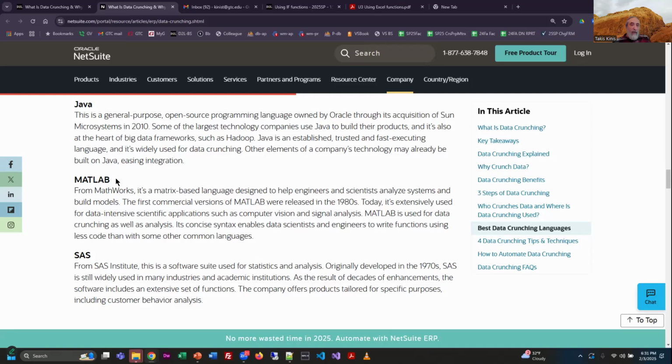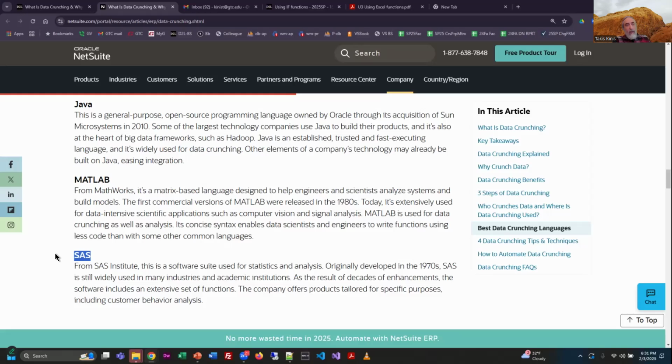Interestingly, MATLAB is often used as a plugin for Excel, and SAS is actually a standalone product. A lot of people that do statistical analysis use this product. And in the old days, this was about as employable as like Tableau or Power BI are these days.